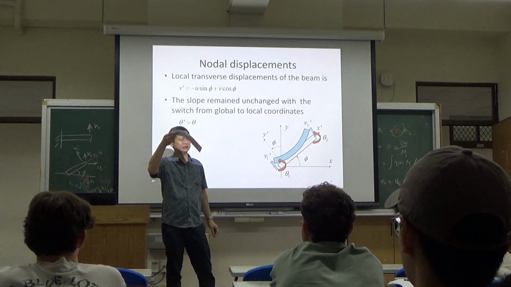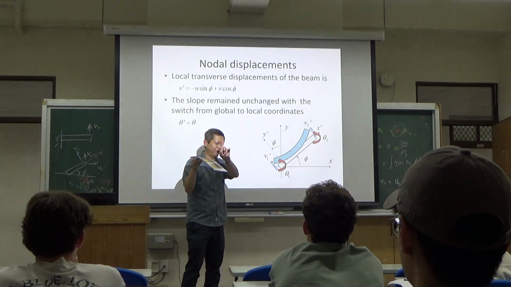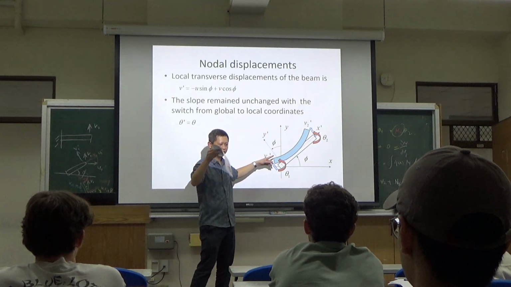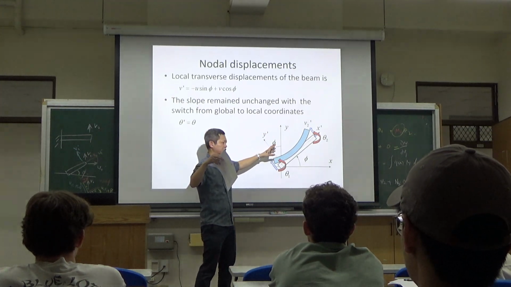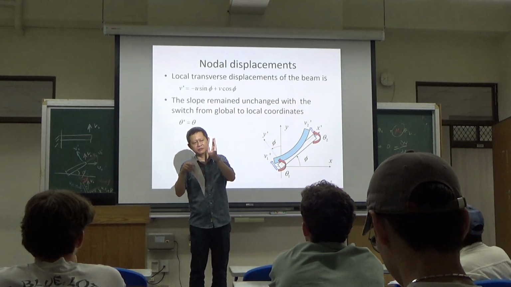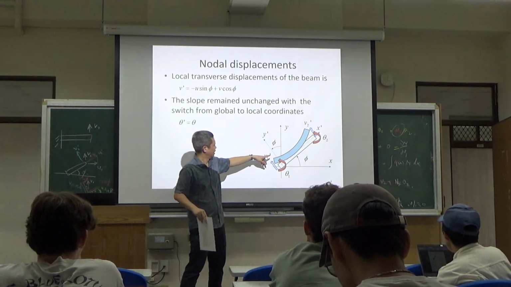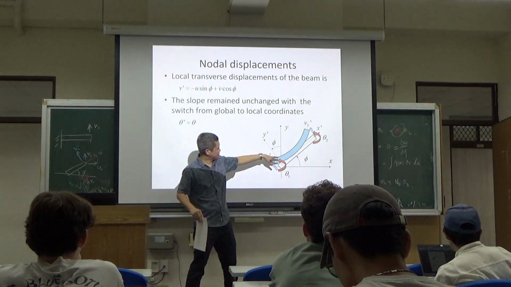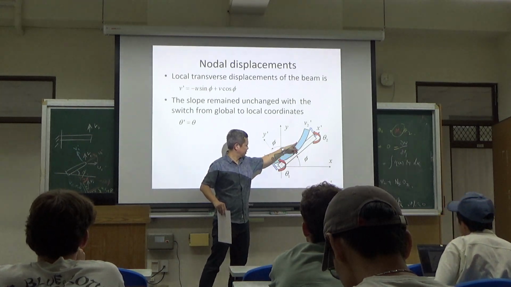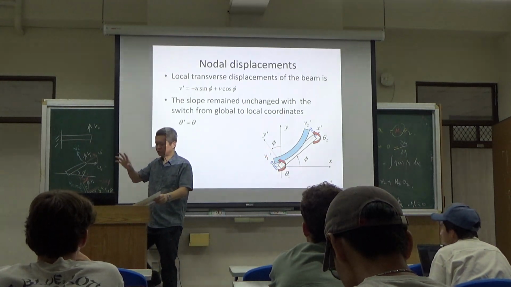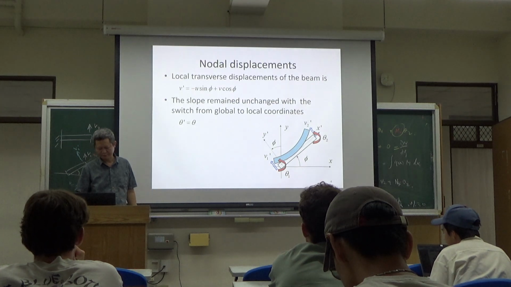So it doesn't change. But gravity, because it remains vertical, does change. So in the absence of gravity, your coordinate change doesn't change the angle of rotation.